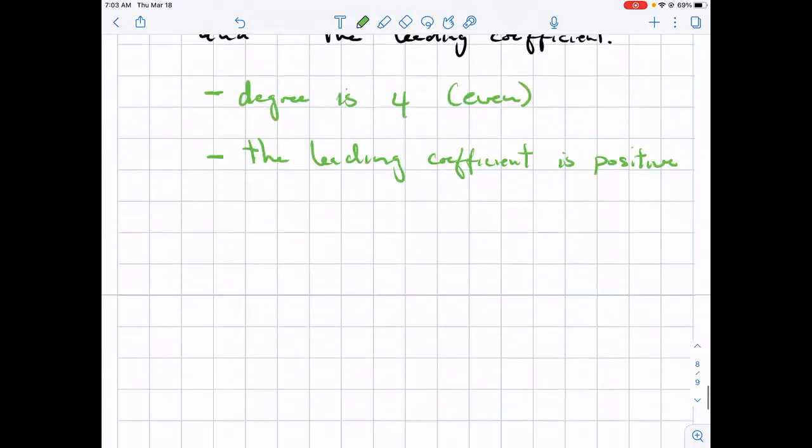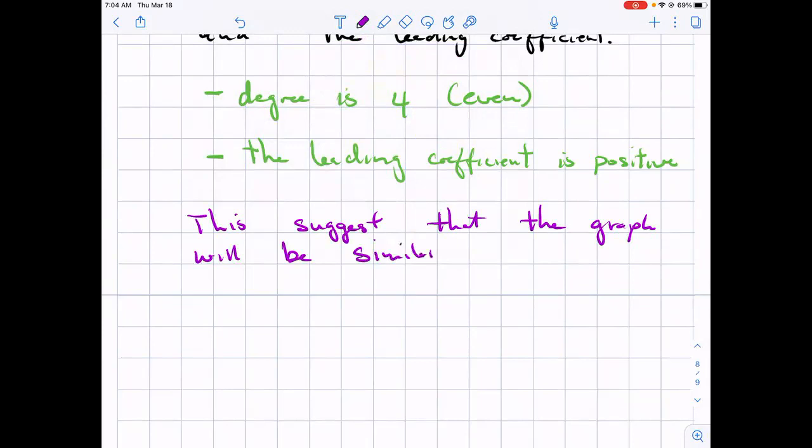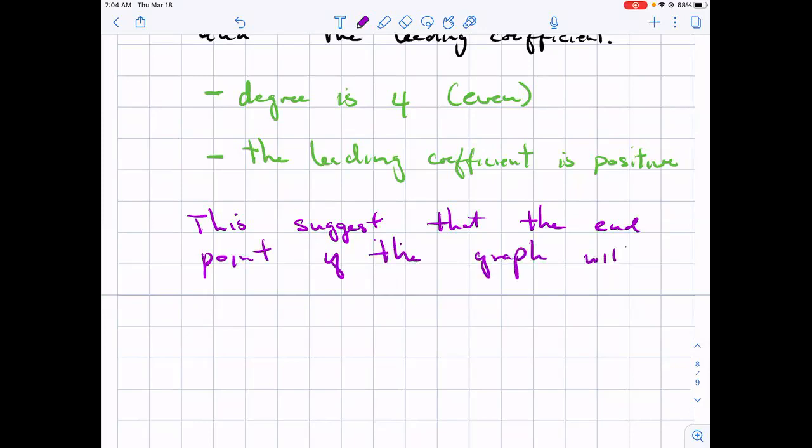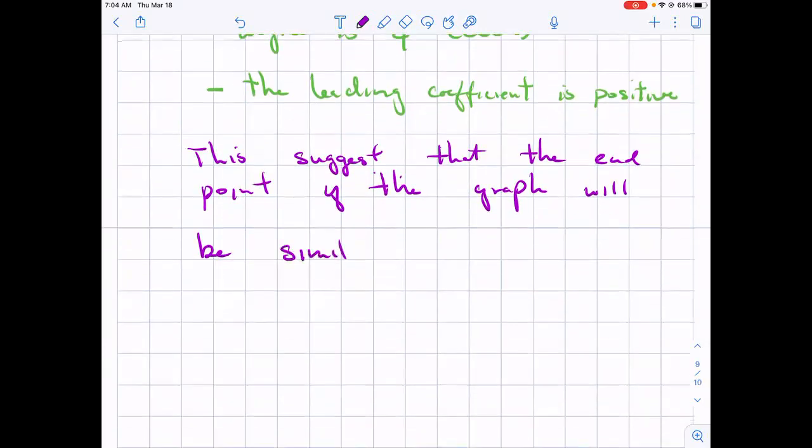So that suggests that the endpoint of the graph will be similar to x squared, or 1x squared if we want to be more detailed.